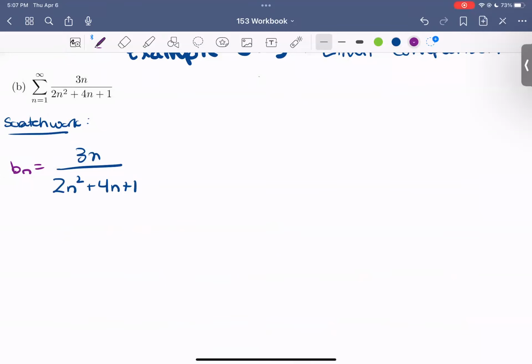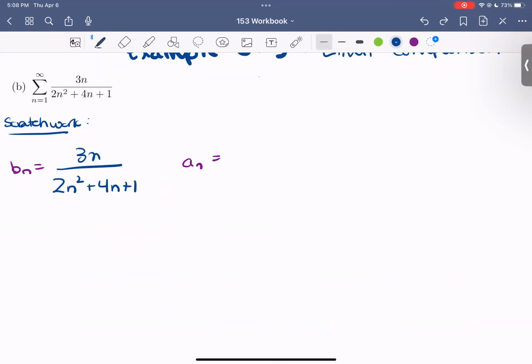Okay, so we need to find an a_n series to compare. So we need to find those a_n terms. Okay, so how do we find the a_n terms? Well, here's the strategy. We look at the b_n's that we were given, and we're going to determine the dominant, or kind of the loudest, term in each of the numerator and denominator.